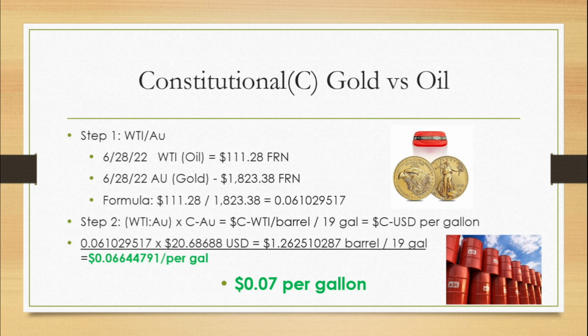Okay, great. So step 2. Now we're going to take that ratio that we just got and multiply it by the constitutional value of the US dollar, which is $20.68 and some change.